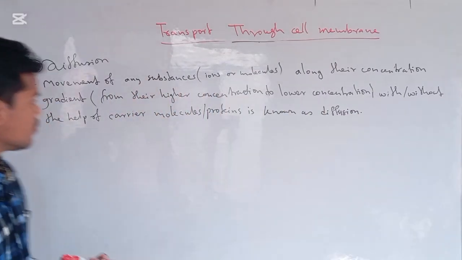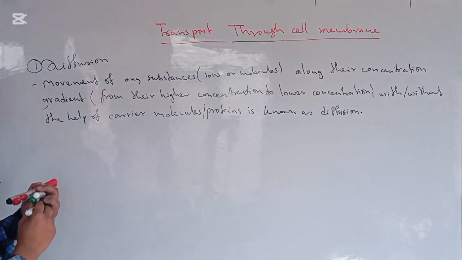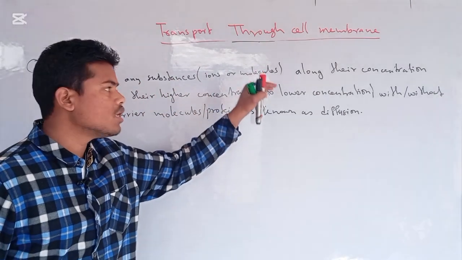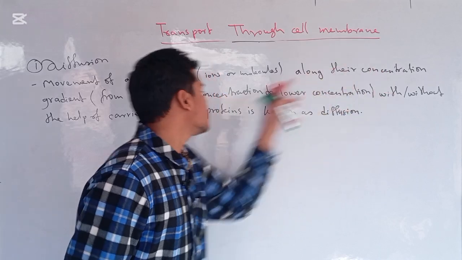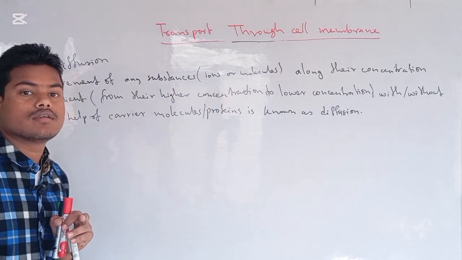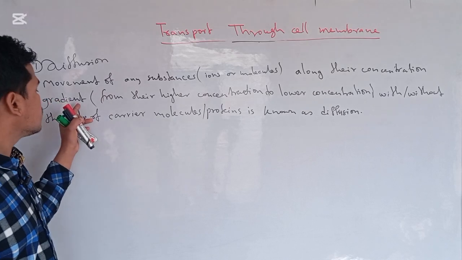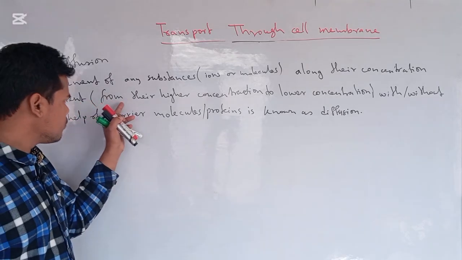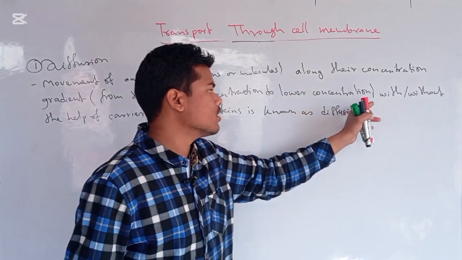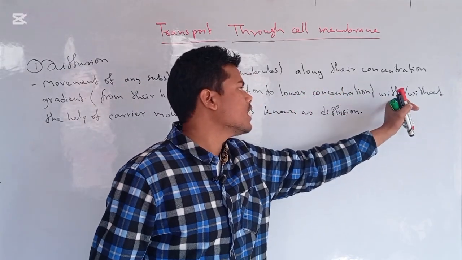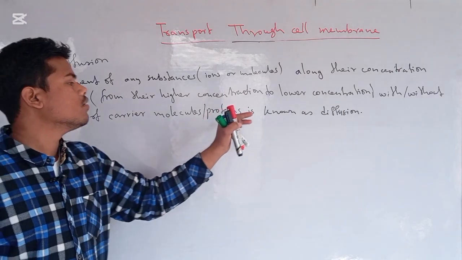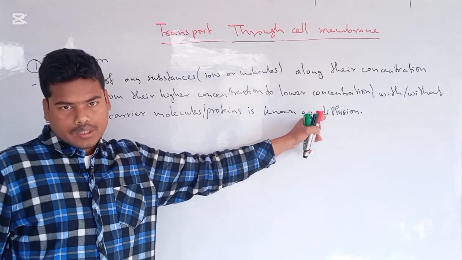Diffusion: what is it? Movement of any substances, that is ions or molecules, along their concentration gradient, not against the concentration gradient, that is from their higher concentration to lower concentration. The important point is that it occurs with or without the help of carrier molecules.